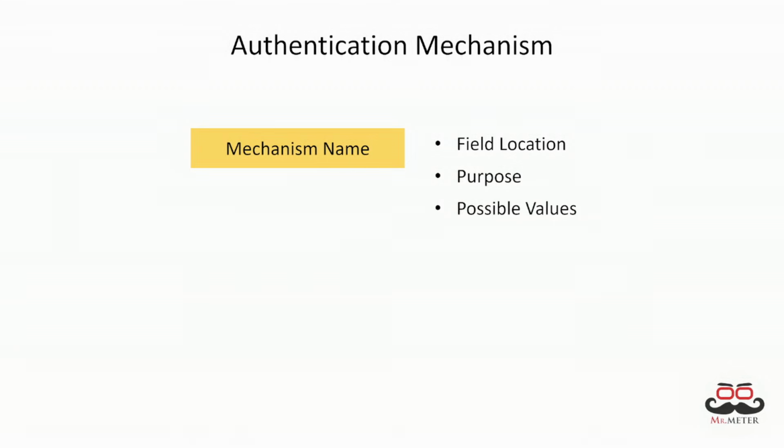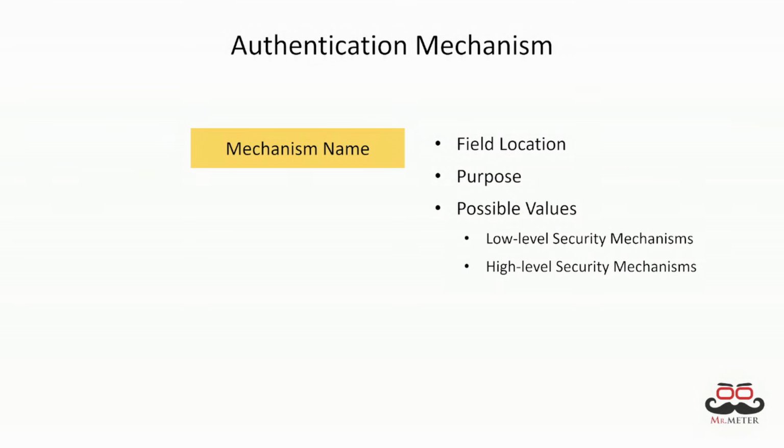The possible values. The actual value of mechanism name can vary depending on implementation and security policies. Common mechanisms specified in DLMS COSEM include the low-level security mechanisms and the high-level security mechanisms.